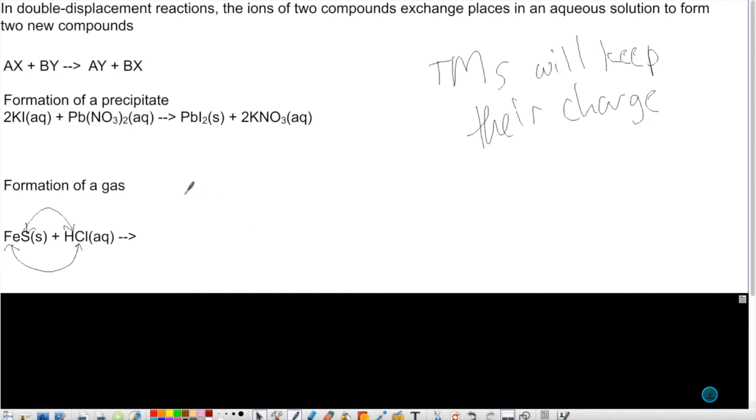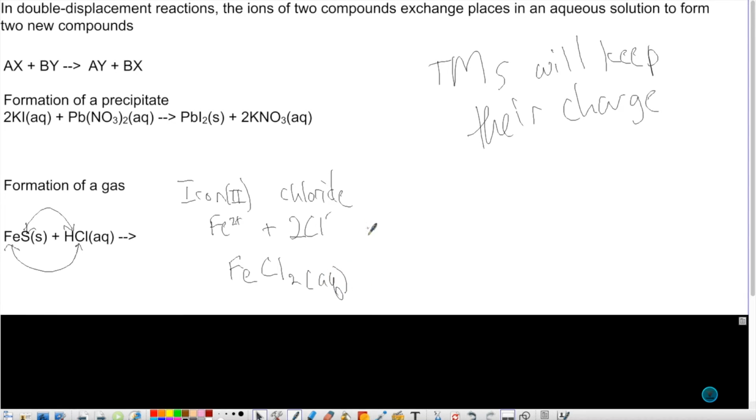The iron keeps the same charge, +2, so this is iron(II) chloride. It's an ionic compound: Fe2+ and Cl-, so I need two chlorides. My compound is FeCl2, and it's aqueous, which we'll talk about more next time.